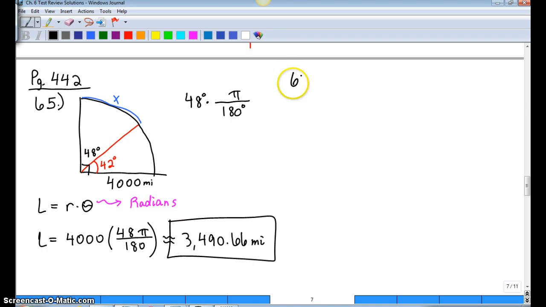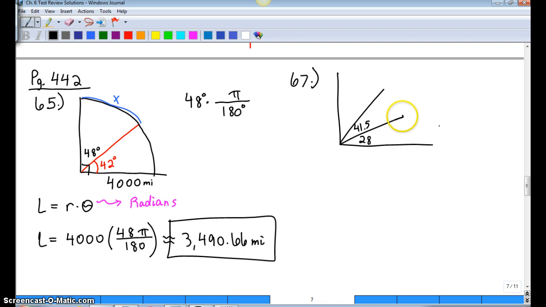So 67 is no different. The only difference in 67 is the two distances are 41.5 and 28 degrees. So here's our 90, here's our equator. They're giving us our first one, 28 here, the other one is 41.5.